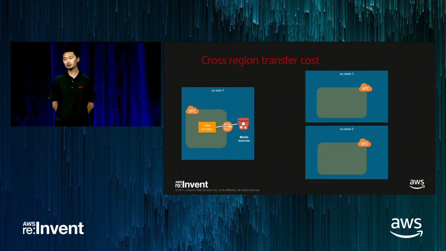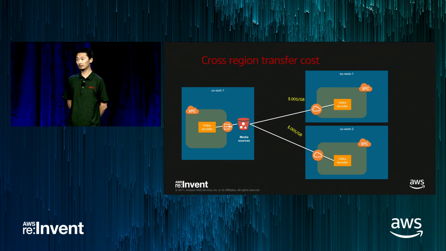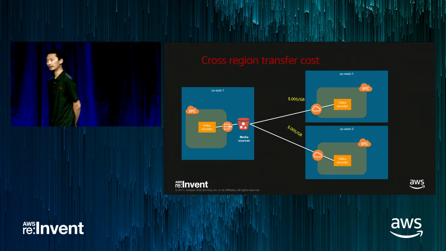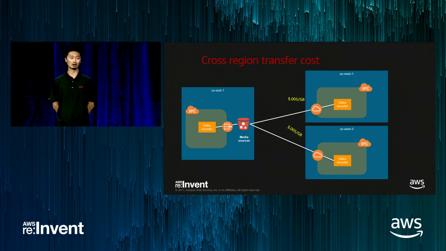But when we started going to two additional regions, we thought we'd just cookie cut it. And we did notice that it cost half a cent per gigabyte, and that didn't feel like a big deal for us at the time, because based on our observations the cost was reasonable.